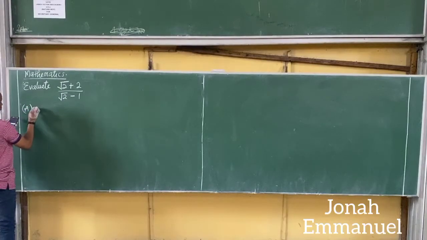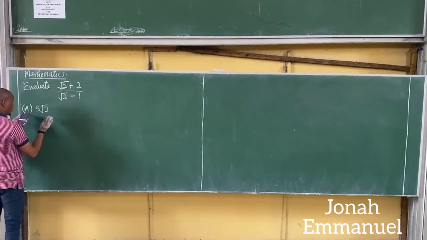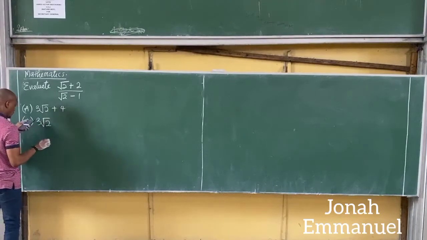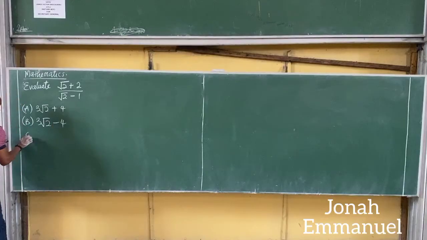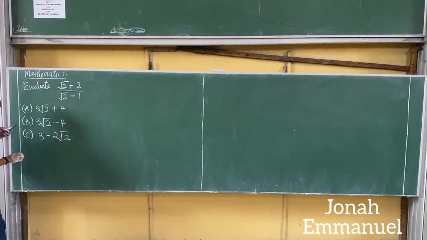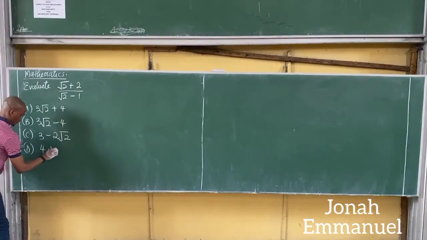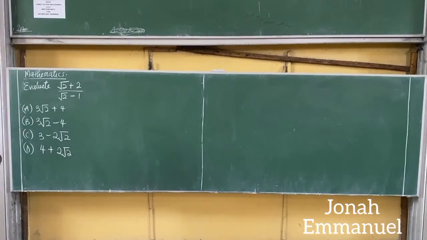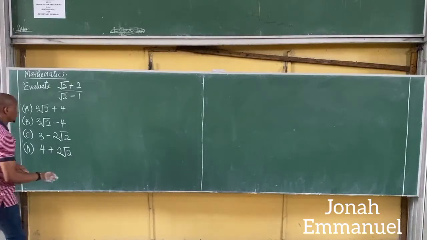A is 3 root 2 plus 4. B is 3 root 2 minus 4. C is 3 minus 2 root 2. D is 4 plus 2 root 2. So, evaluate this.